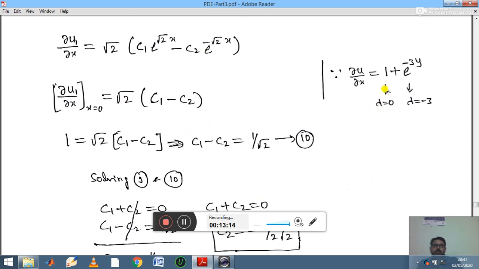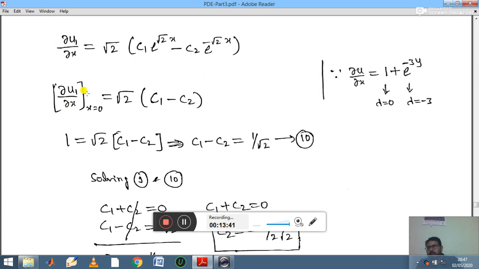When lambda = 0, the first derivative value ∂u/∂x is 1. Therefore this is the first case. Here in place of ∂u/∂x, let us use 1, because the first case is when lambda = 0.